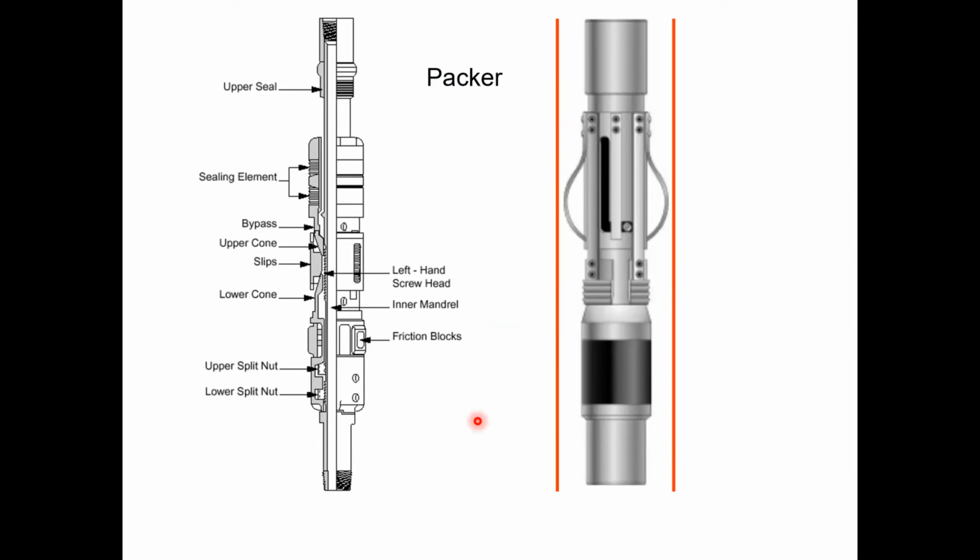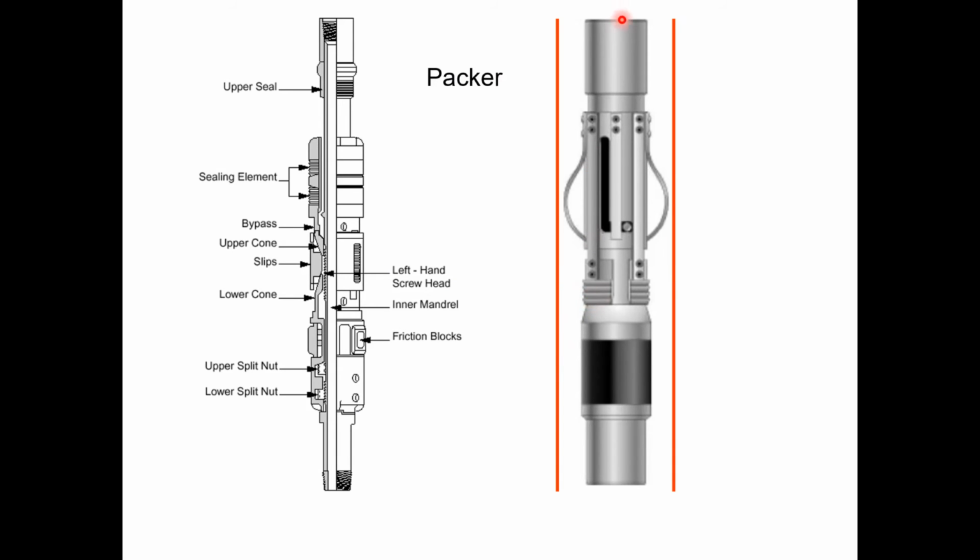And what is the packer? How does it work? A packer has two main elements. One is something that will mechanically attach the packer to the tubing and to the casing. This is the packer.